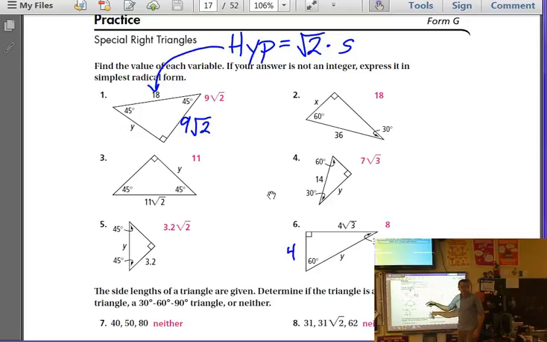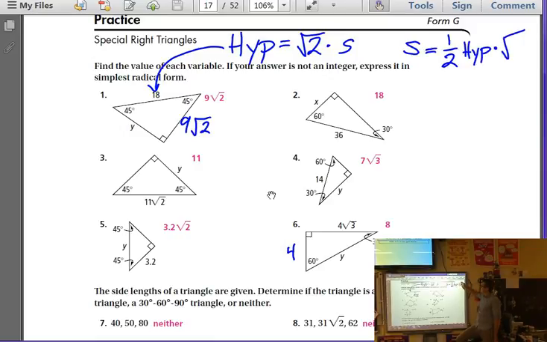So really, we derived a formula dealing with the isosceles right triangle that your short side is half your hypotenuse times rad 2. And since it's isosceles, y would also be the same. Exactly. They're both the same.